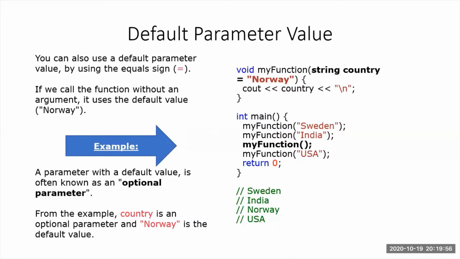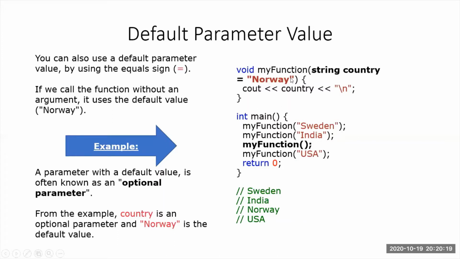So if you don't pass a different value, you can set it to a default value this way. Just like defining variables inside the main function, you can give the variable a value, and you can change it later as you wish. So in this example, we have my function, and we gave it Sweden, so it overrode Norway.